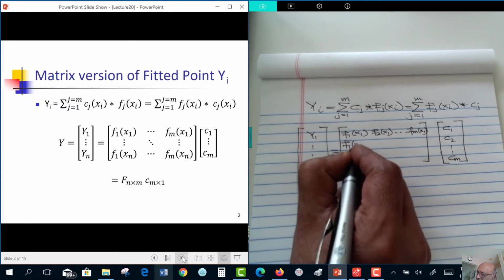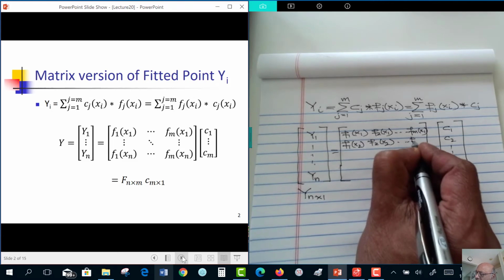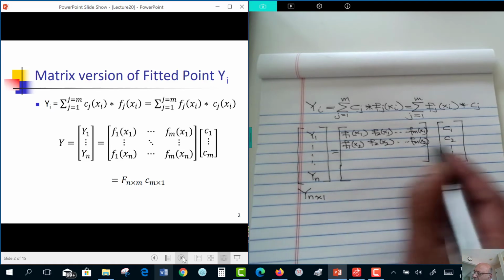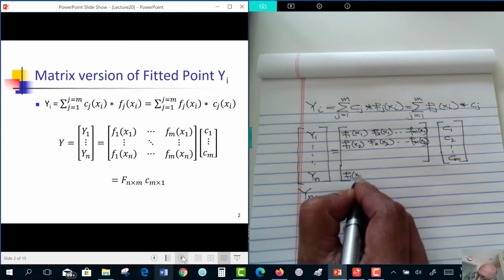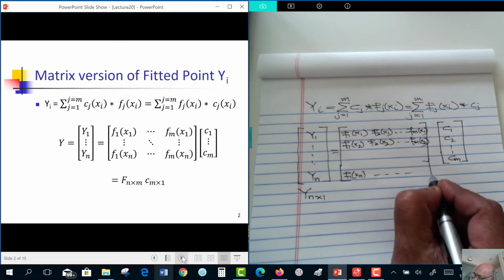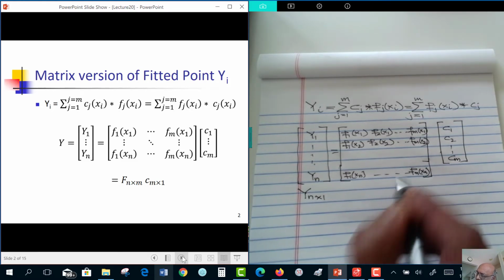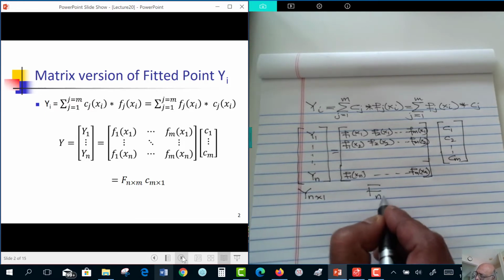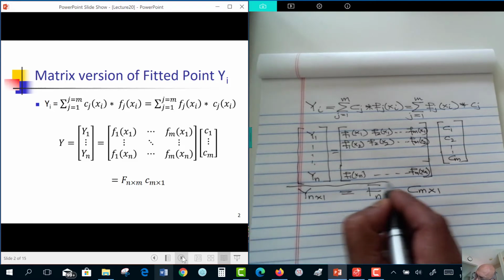It'll be f1 at x2, f2 at x2, on and on, fm at x2, times c1, c2, correspondingly. And finally, we'll have f1 of xn to fm of xn. So this is our F matrix, which has n rows and m columns. And of course, this is our coefficient matrix, m rows, 1 column.